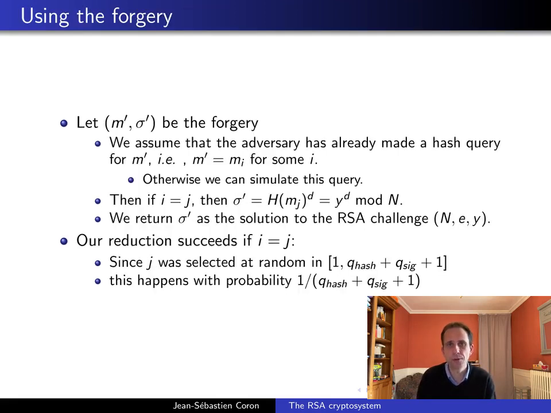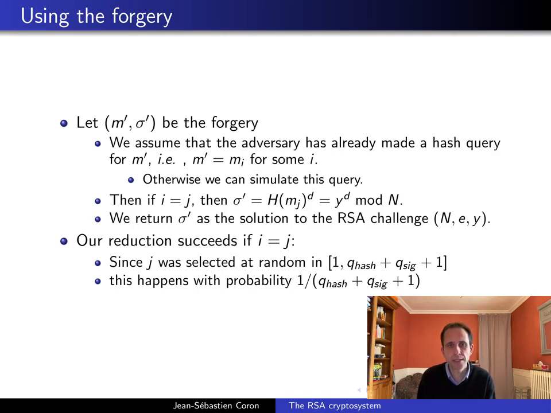And then eventually the forger is going to output a forgery, the pair m prime, sigma prime. We can assume that the adversary has already made the hash query for the message m prime, so m prime is equal to some mi for some index i. Otherwise, we could simulate this hash query.